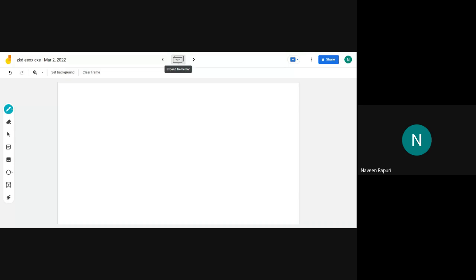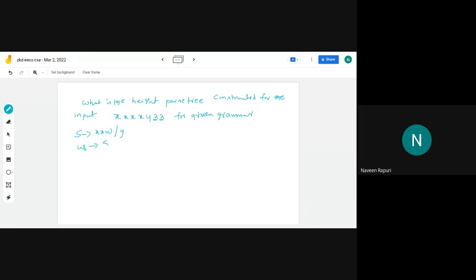Okay, good. Now we will see some problems. What is the height of the parse tree constructed for the input x, x, x, x, y, z, z for the given grammar: S derives x, x, w or y, and W derives S, z.